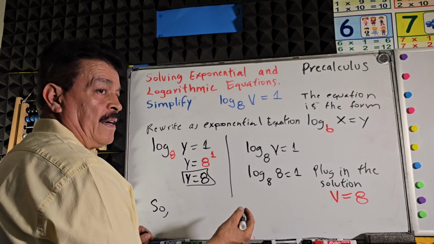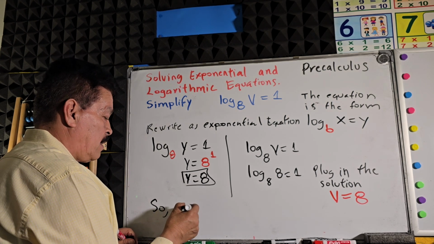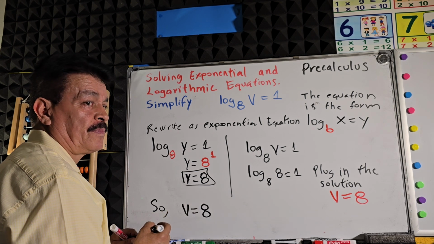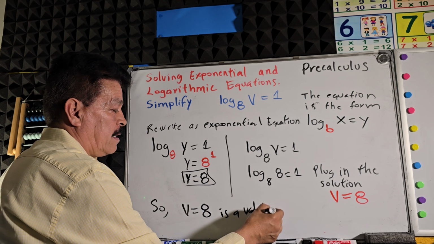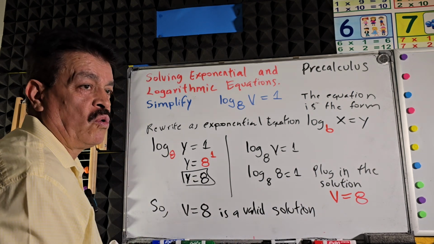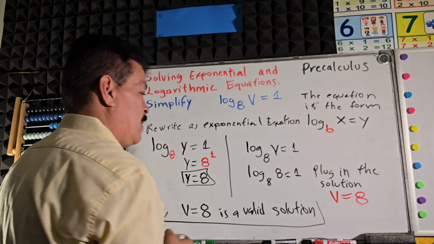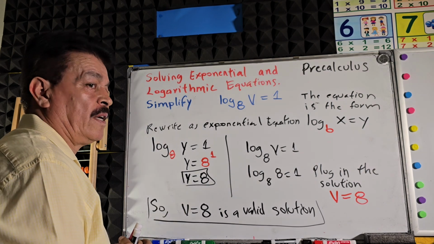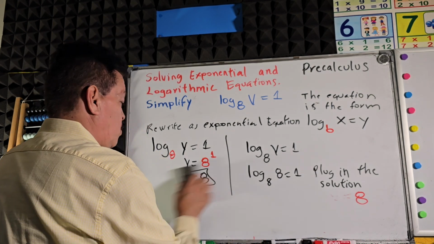So let's write the conclusion: b equals 8 is a valid solution. It's very simple, it's not hard. This is when we have one logarithm.